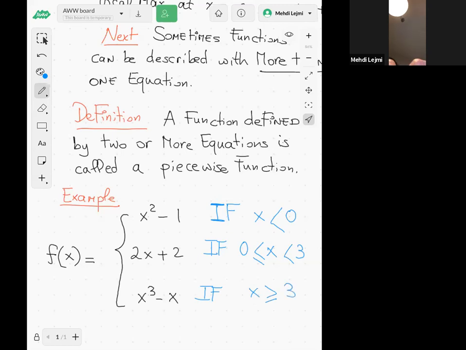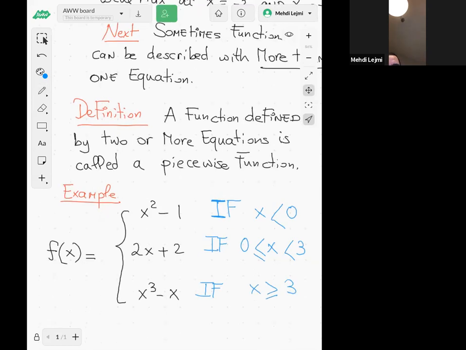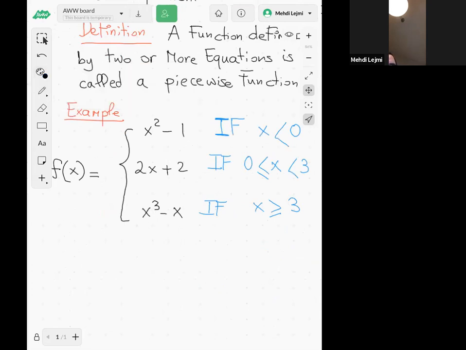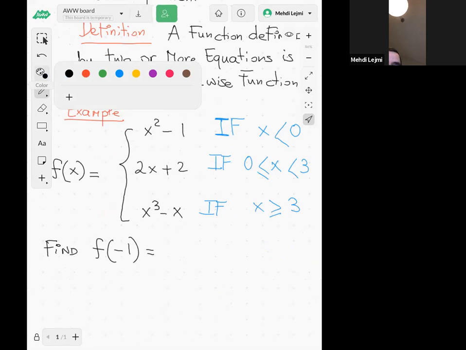So for example, let's say you want to find f of -1. I want to compute f of -1, but there are three different equations, this one, this one, and this one. So I need to decide which equation I'm going to use.